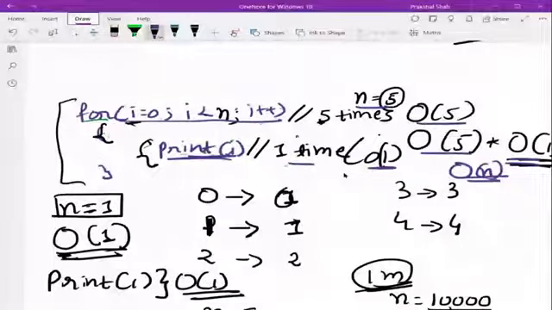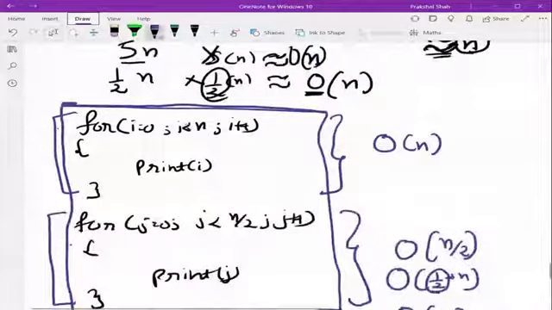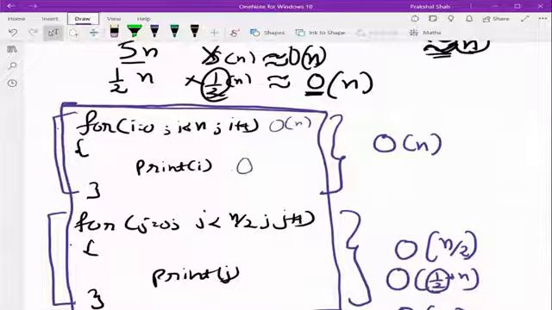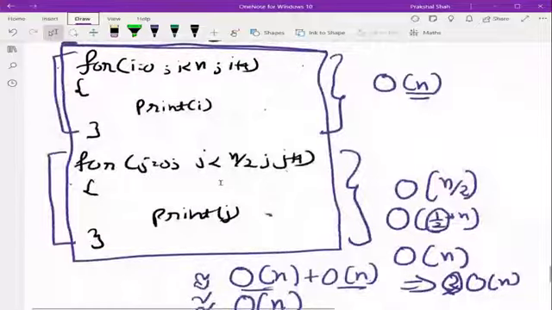Sharad, the same case goes here. It will be my order of n, and the print will execute just one time, so order of 1. So order of n into 1 is order of n only. The same goes for that. Okay, nice question. We'll move further. Sharad, if you are understanding this, can you go further?